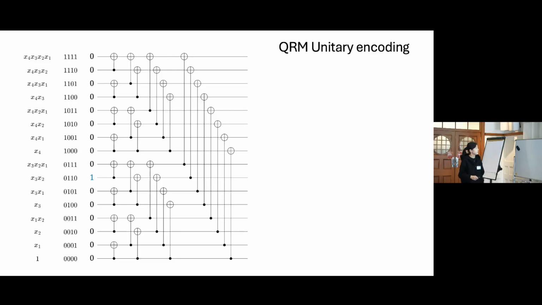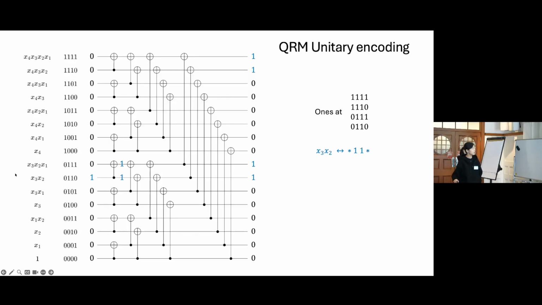If you put 1 here on a certain row and view this as a classical CNOT circuit, and you propagate this 1 through, you will see that the ones at the output side form the subcube labeled by what's on the left. You can check this using induction. For now, just believe me on this.